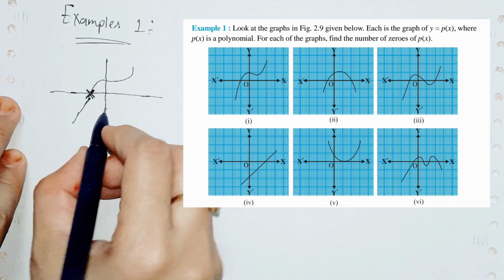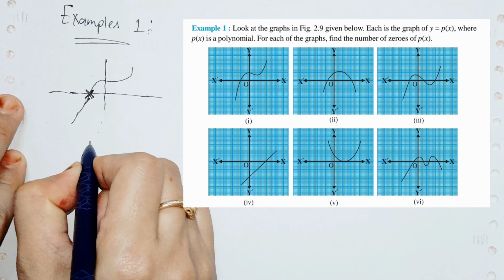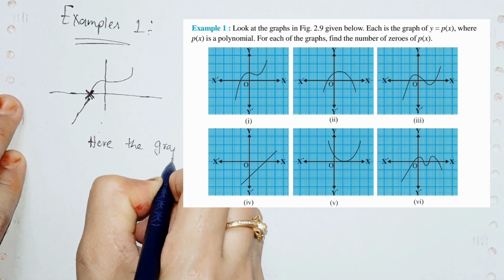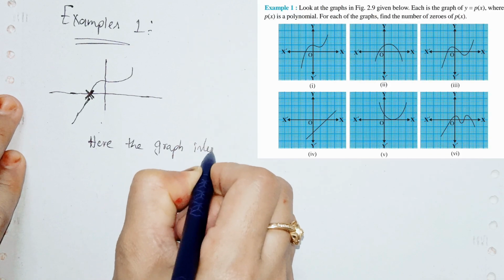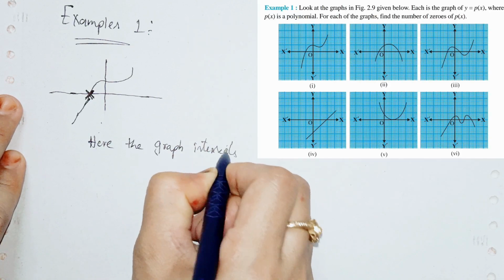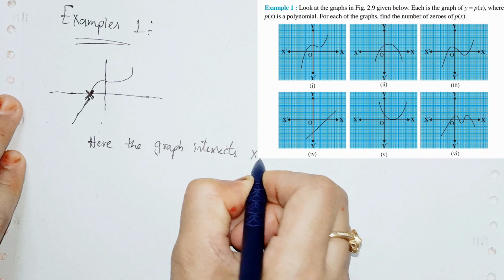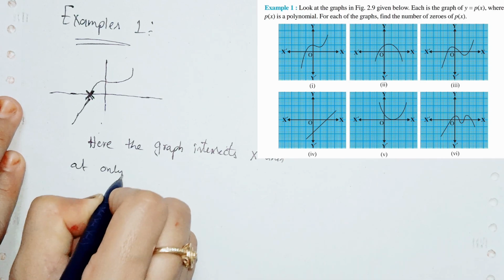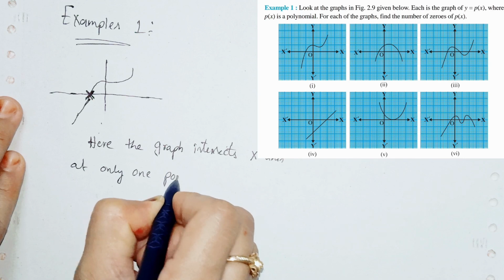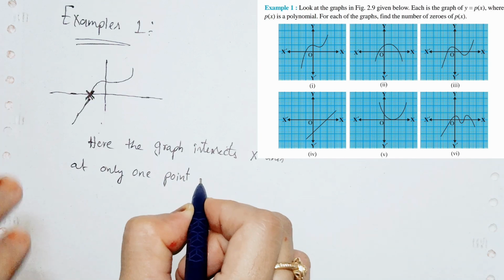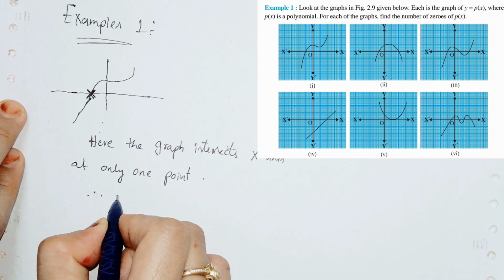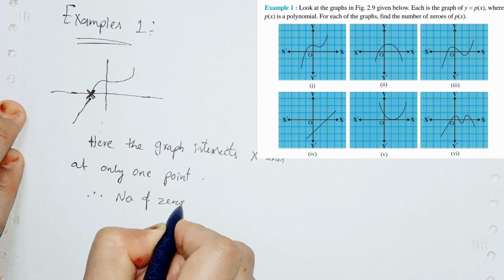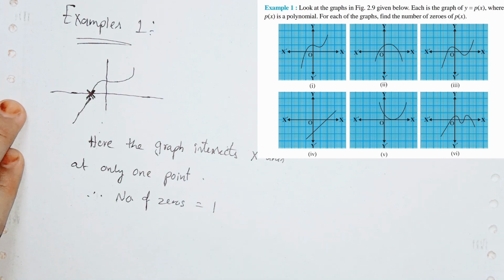You may write it down like this: here the graph intersects the x-axis at only one point, so therefore the number of zeros is 1.